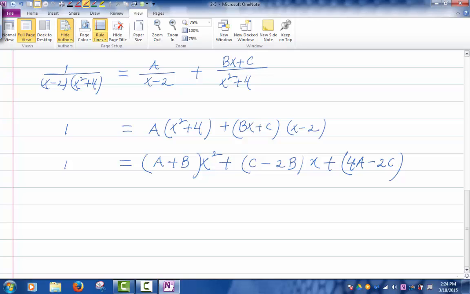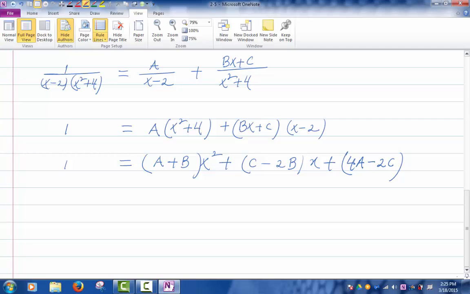Now, this equality that I got, so remember at the beginning when I set up this equation, that equation holds true for any x. So the equation that I have here, 1 is equal to a plus b x squared plus c minus 2b x plus 4a minus 2c. It's true for any x. In other words, I have two polynomials on two sides.